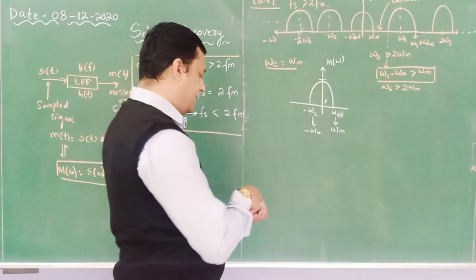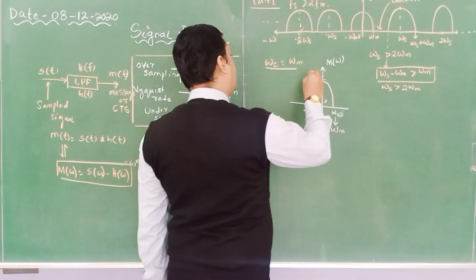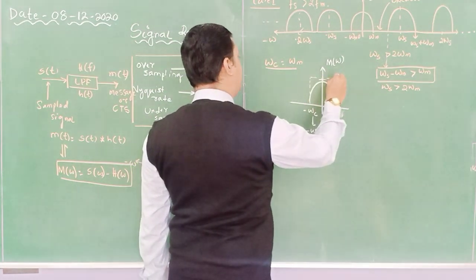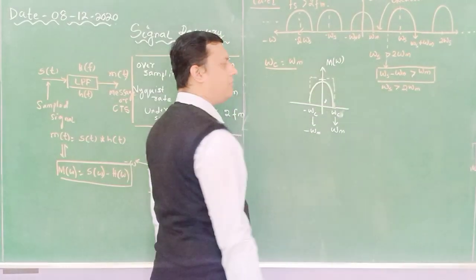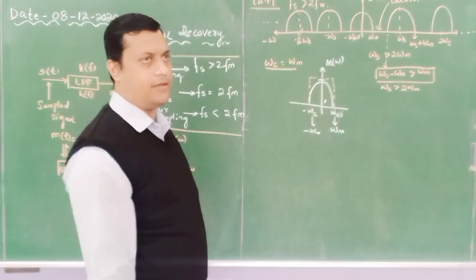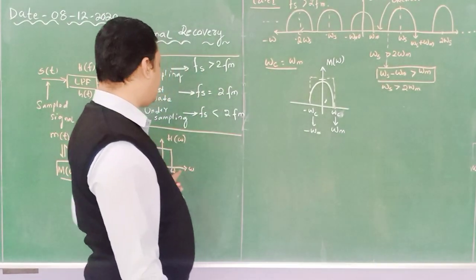That means the filter response identifies the band limited signal with omega c equal to omega m, where omega c is the filter response.